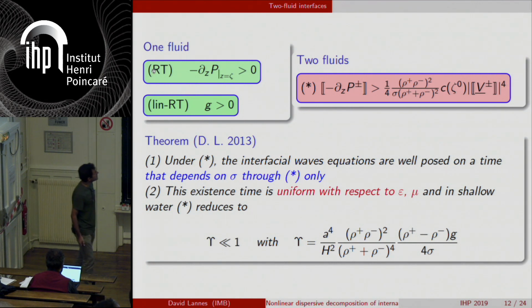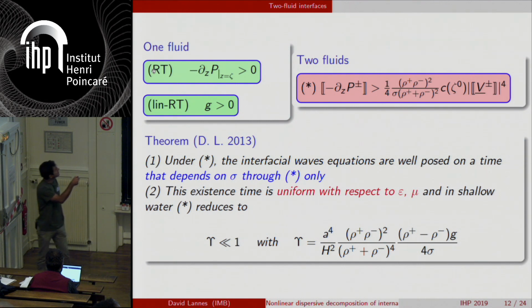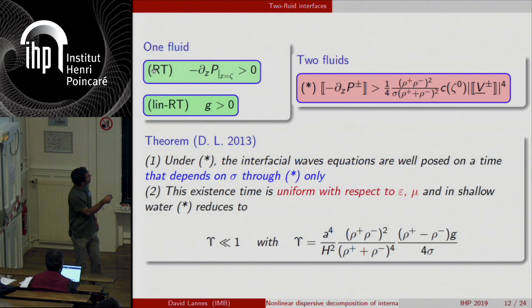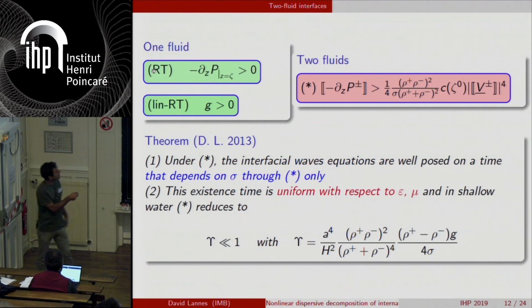And when you have two fluids, you have a generalization of this Rayleigh-Taylor condition, which is that the jump of the vertical derivative of the pressure must be smaller than some coefficient that depends on the densities times the jump of the horizontal velocity to the power 4. And then you have stability of the waves.